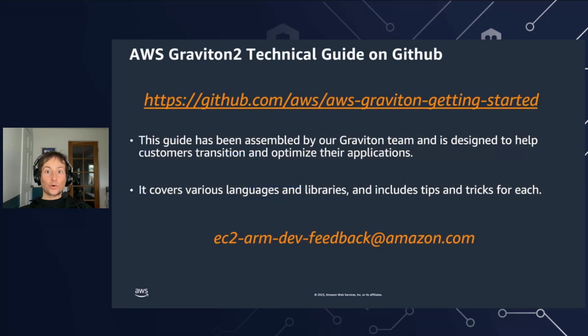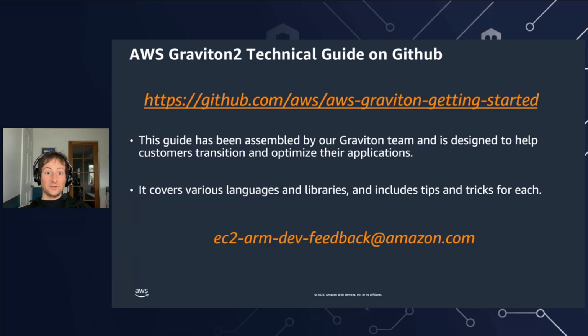If you need more information about the Graviton-based instances during your adoption, we have a Graviton technical guide that is hosted on GitHub. The URL for that is at the top of this page. It covers a lot of things, including language runtimes, libraries, lists of ISVs that are supported on Graviton.